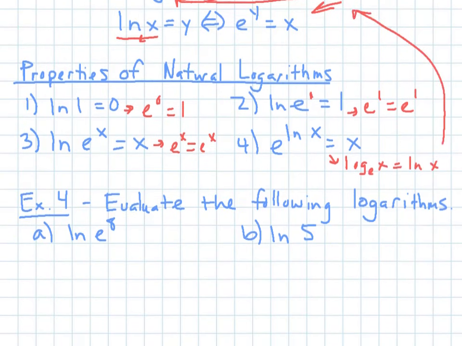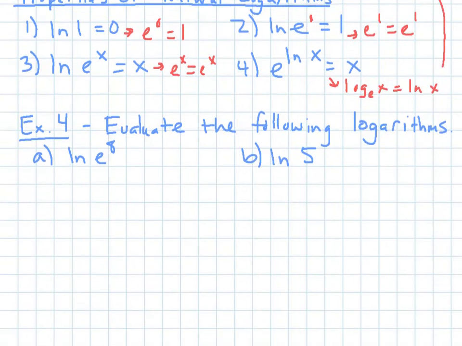Okay? So now we want to be able to evaluate the following logarithms. If I have ln of e to the 8th, remember that's one of our properties, so if you go back to number 3, we have ln of e to the x power, it's just equal to the x, so that means that this has just got to be equal to 8.